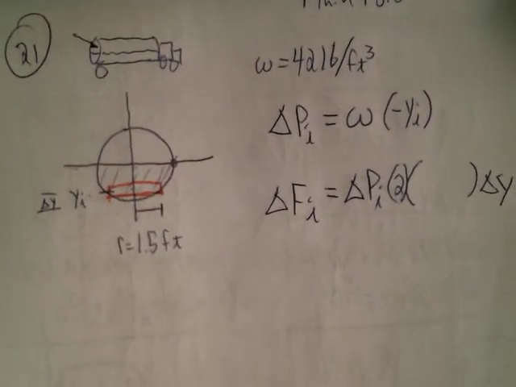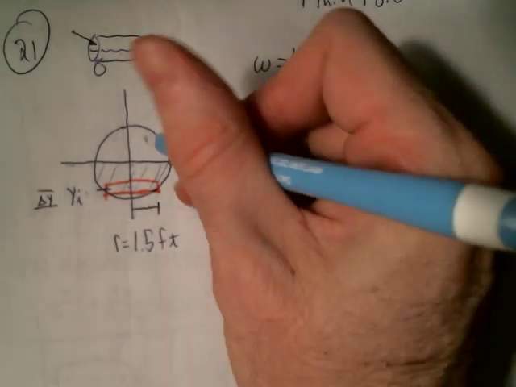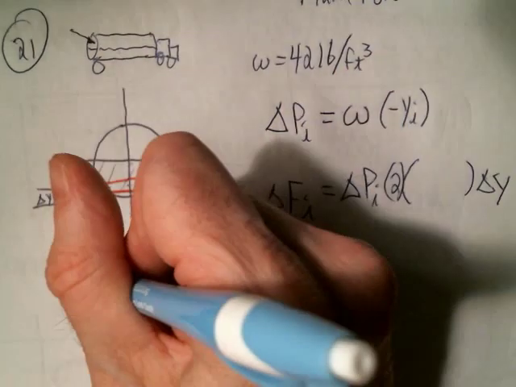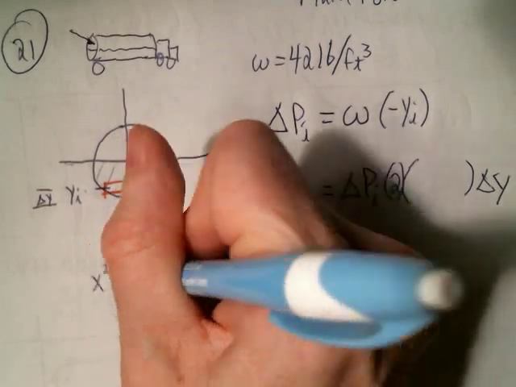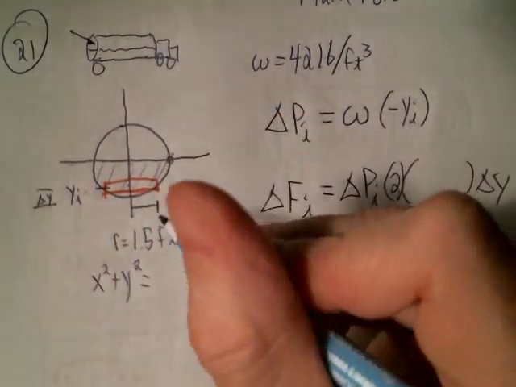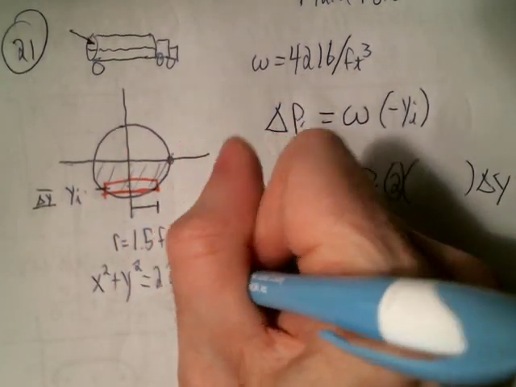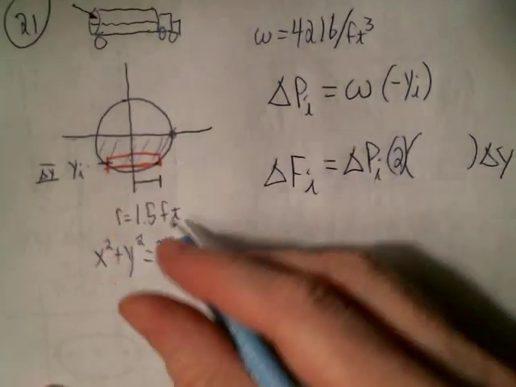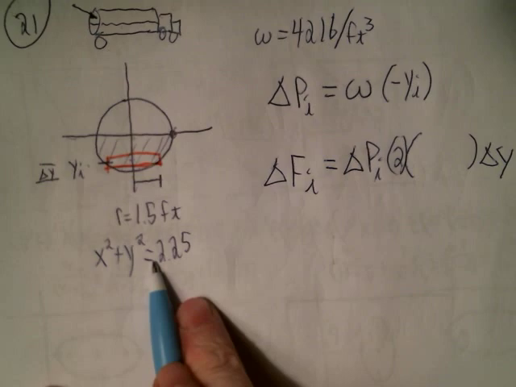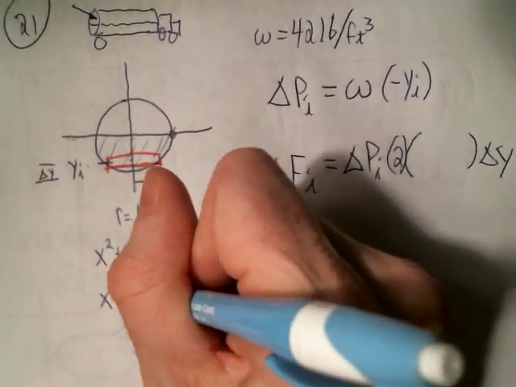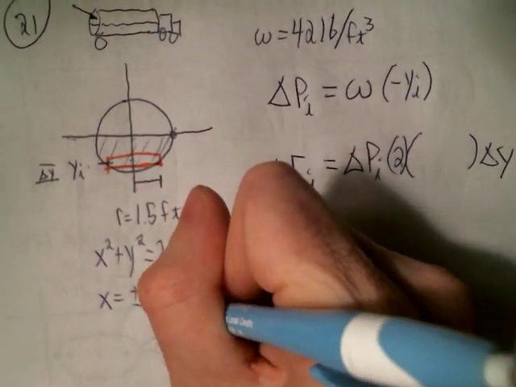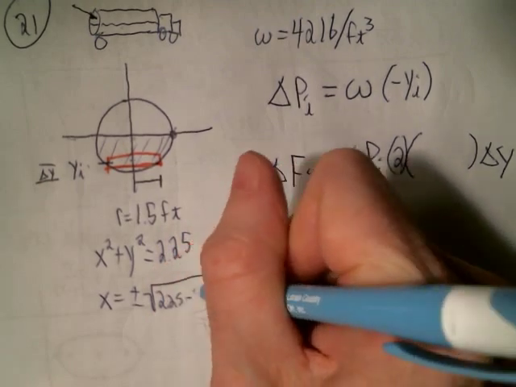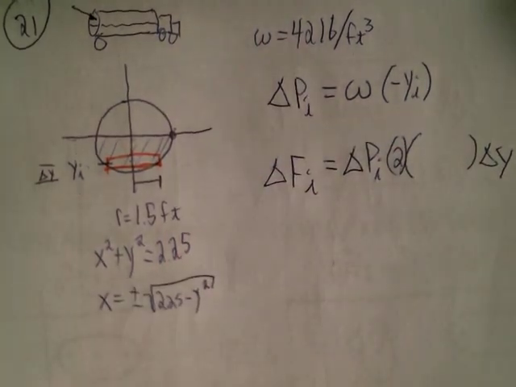Right? Okay, so the formula then is just the formula for this circle. In particular, we have x squared plus y squared is equal to 1.5 squared. 1.5 squared is 2.25. Okay. Then we want to solve it for x. So x will be plus or minus the square root of 2.25 minus y squared.